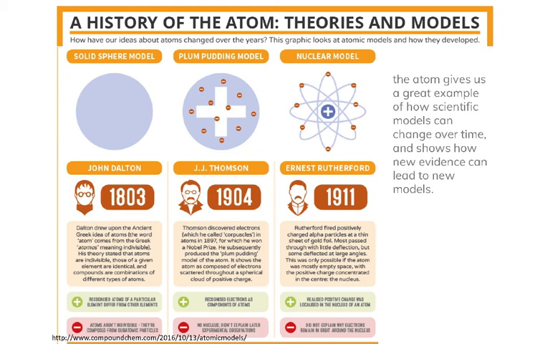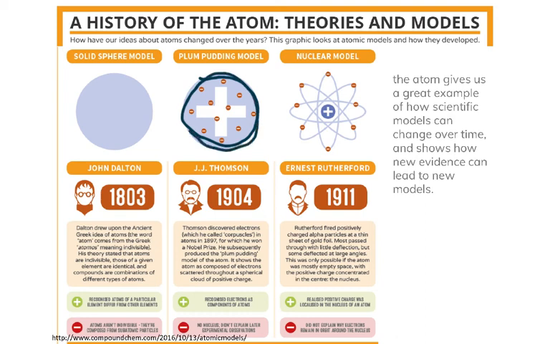This was actually a really interesting experiment that was done called the gold foil experiment. So Rutherford in his lab fired positively charged particles called alpha particles at a thin sheet of gold foil, and most of it passed straight through. So that kind of eliminated the plum pudding model, right?